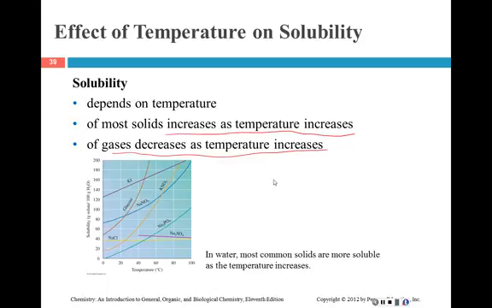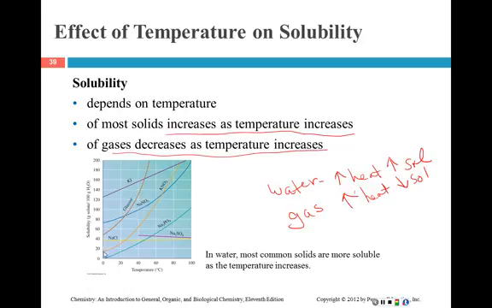So if you're in water, if you increase the heat, you increase the solubility, okay? In gas, if you increase the heat, you decrease the solubility. Okay, so that's the relationship. And what they're showing you here are solubility curves, because it's not like a straight line relationship.